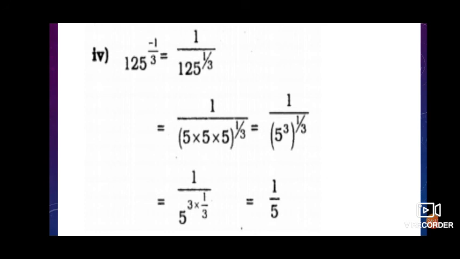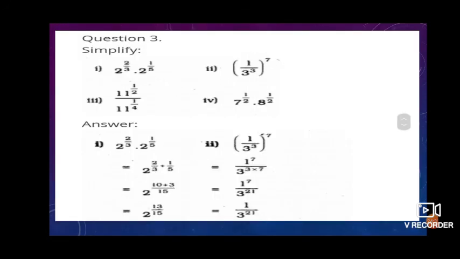Then 125 we can write as 5 into 5 into 5, that is 5 to the power 3. So 1 by 5 to the power 3 whole to the power 1 by 3. Now the same power rule: 1 by 5 to the power 3 into 1 by 3. 3 will get cancelled, and we get 1 by 5.